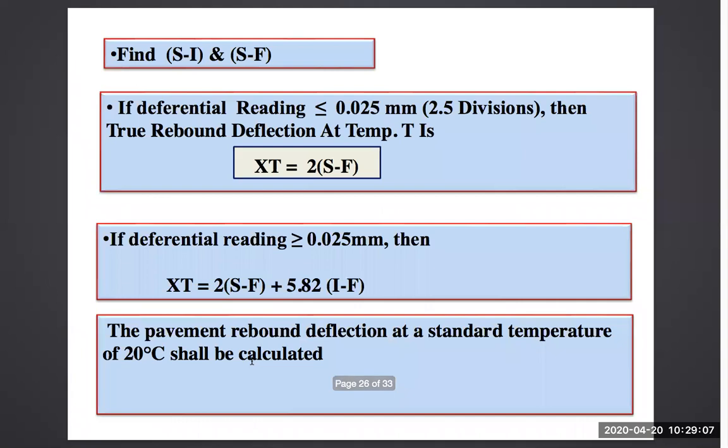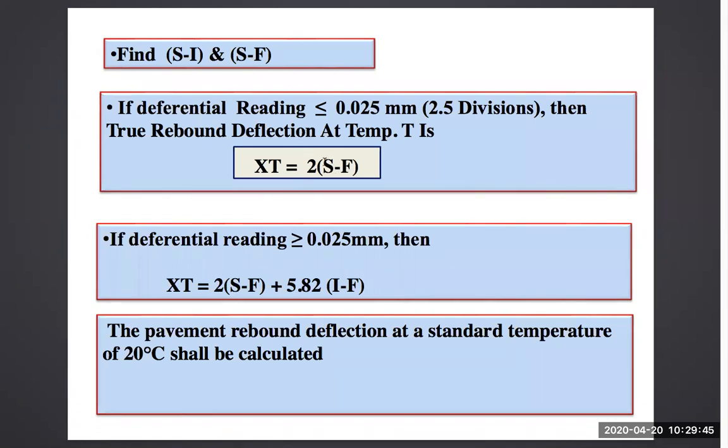So coming to the calculation. Here S is represented by initial, I is represented by intermediate, and final. If the differential reading is less than or equal to 0.025 mm or 2.5 divisions in the dial gauge, then the true Benkelman deflection at the standard temperature, xt, is given by 2 into (initial minus final reading).